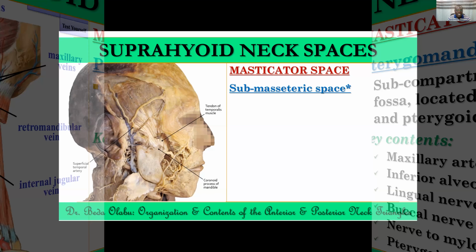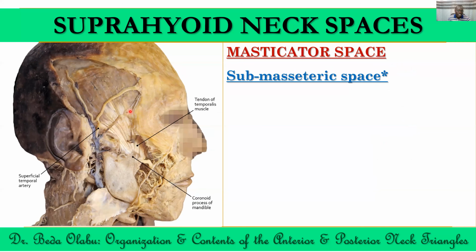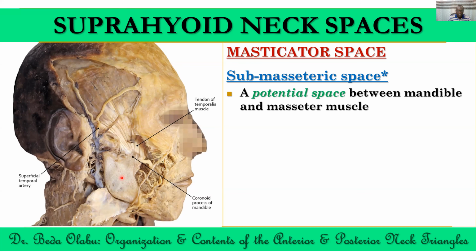Then we have the submasseteric space. So the submasseteric space is the space between the ramus of the mandible and the masseter. It's a potential space. We've already talked about masseter muscle, the muscle of mastication that closes the mouth, arises from the zygomatic arch to the angle of the mandible laterally.